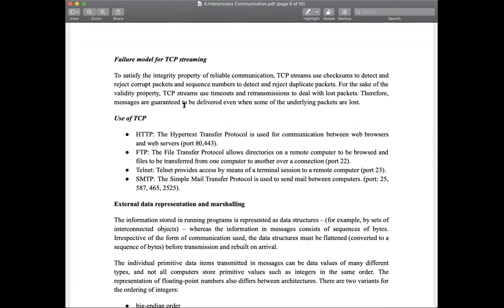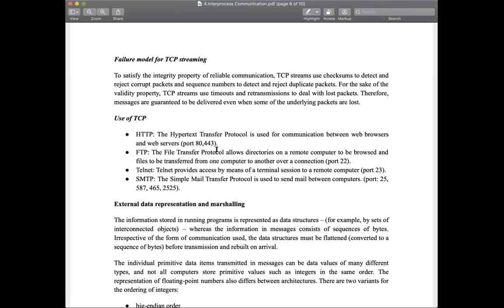So we can find a lot of protocols and implementations which refer to TCP. HTTP uses port 80 and port 443 for HTTPS. The file transfer protocol uses port 22, and the underlying protocol would be TCP, with Telnet on port 23.